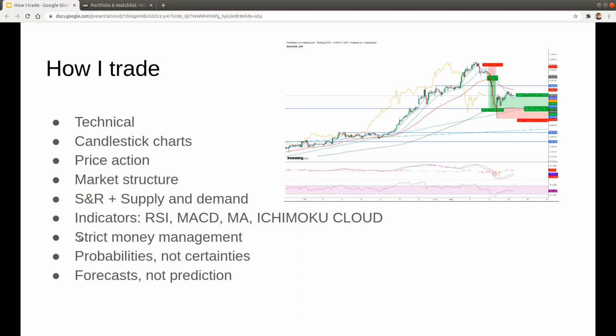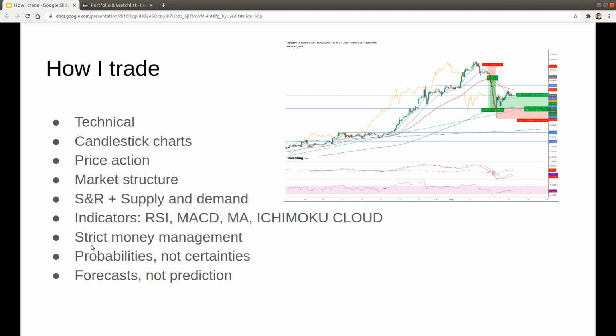I skipped one thing which also coincides with the probabilities, and that's strict money management. I'm always risking, well, not a fixed percentage, but I have some rules on how much money I am allowed to lose on each and every trade, and I'm trying to keep this as small as possible so that I can lose many trades and still have my account intact and continue trading.